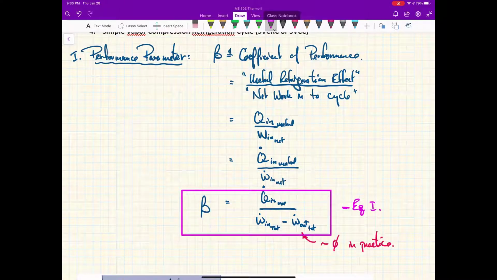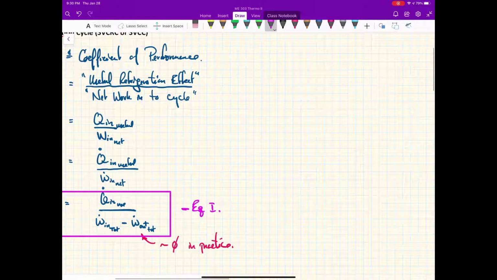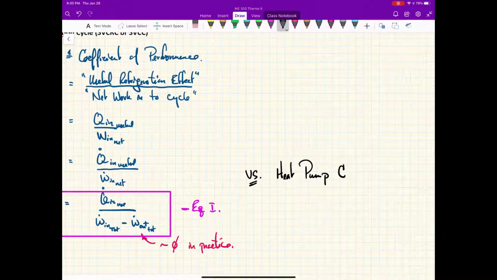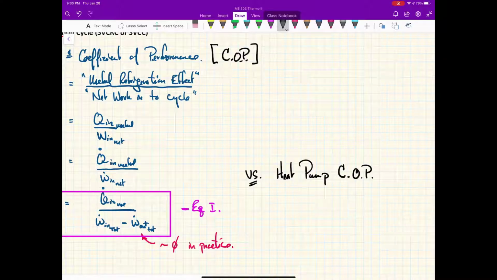All right. I should also, while I'm at it, highlight versus the heat pump coefficient of performance, COP. Yeah, that's right. The coefficient of performance is often simply referred to as COP, the acronym. So you'll see this a lot, especially if you stick with HVAC.